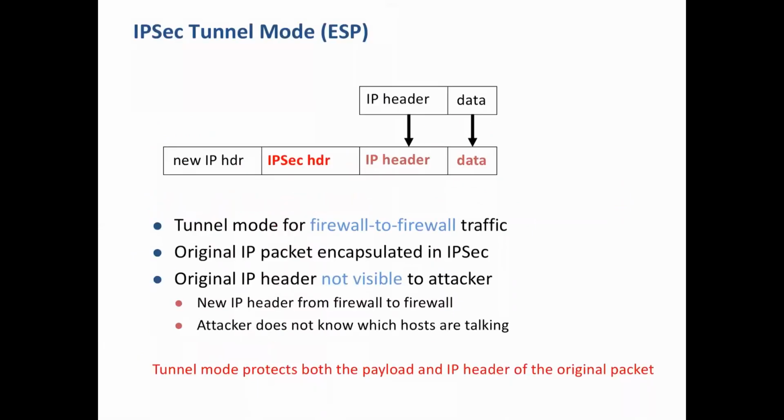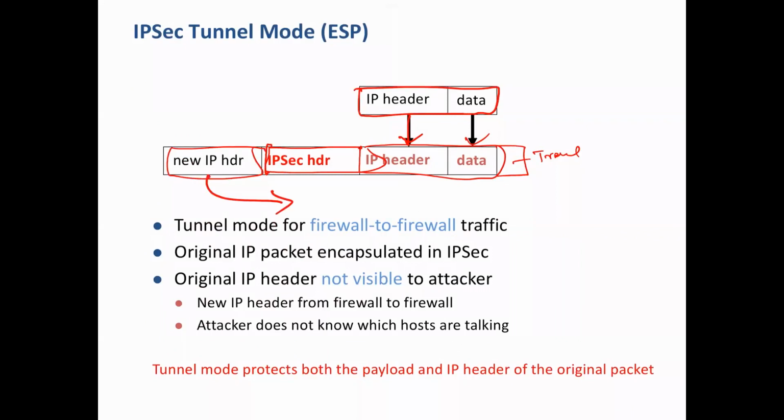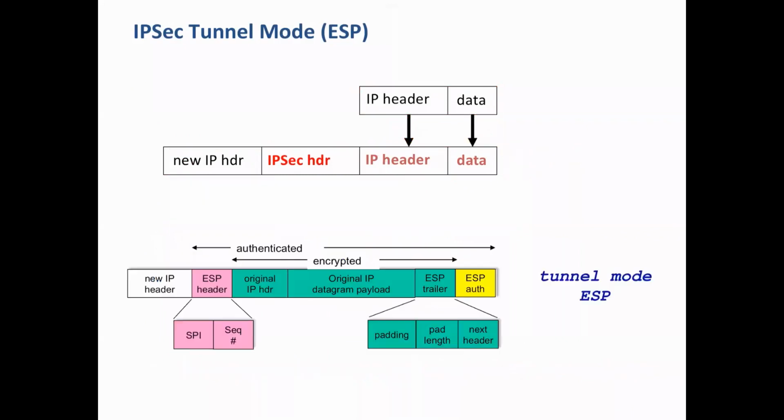So when you are using tunnel mode, we take this IP packet, put it here, encrypt this, attach the IPSec header, and of course there will be a trailer, and then attach a new IP header and just transmit. Okay, all right. So it's something like this.